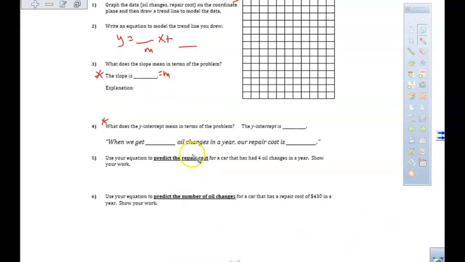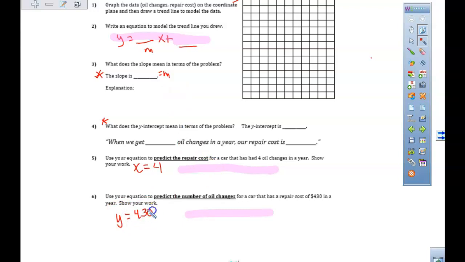So when you predict the cost, this is when you're going to use x equals. In this case, we're going to predict when x equals 4, and you're going to use that equation again. So whatever equation you wrote here, you're going to write that same equation in both of these places. In the first one, you're going to replace the x right here with 4, and in the second one, you're going to replace the y with 430.